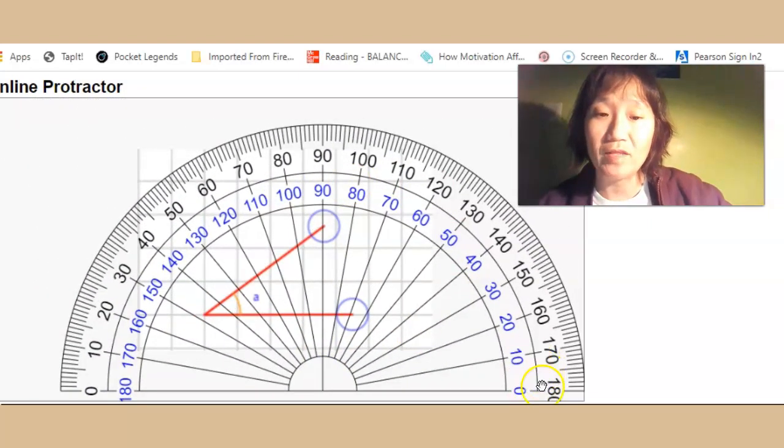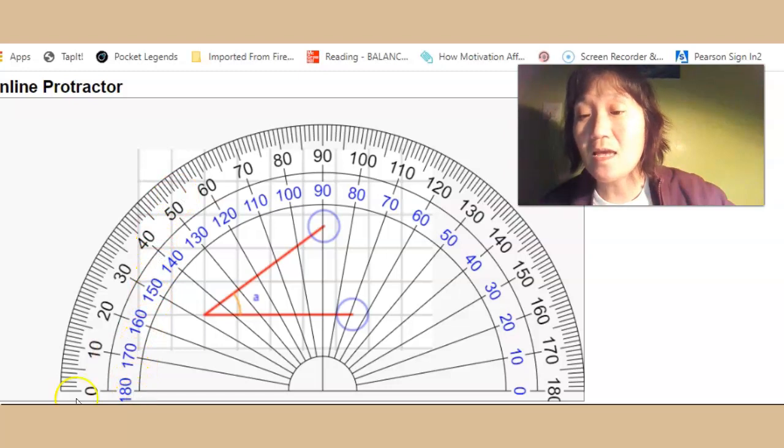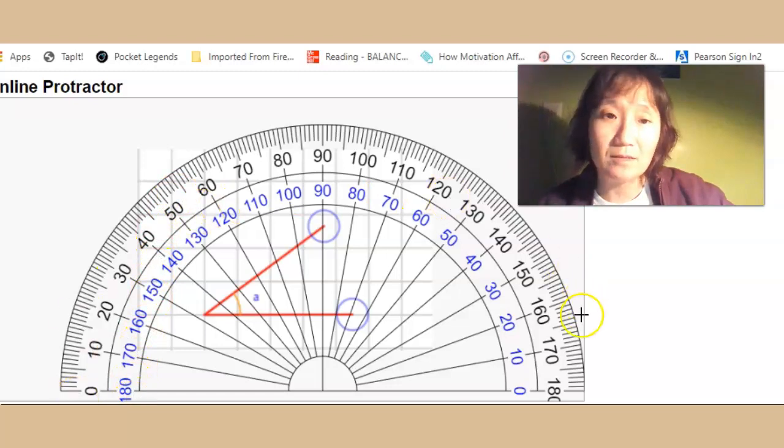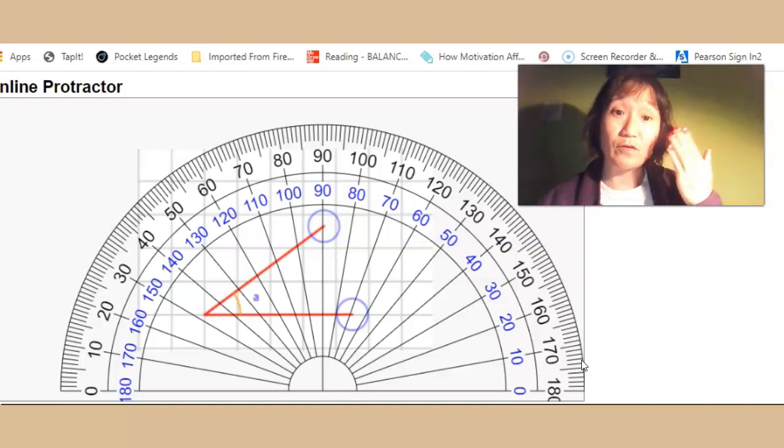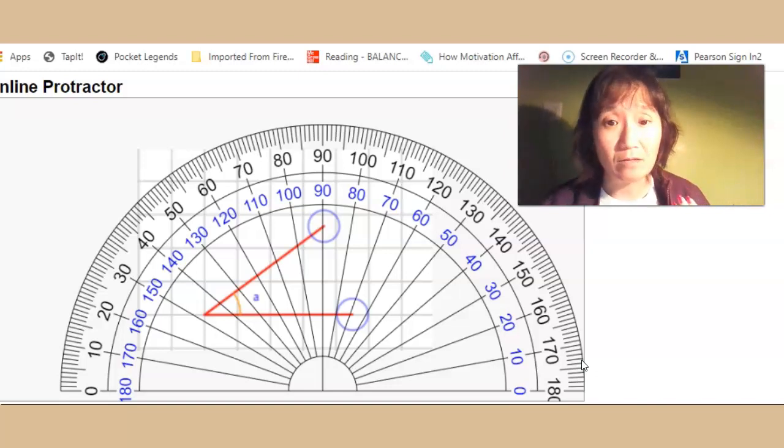Let's just take a look at this protractor here. There's a couple different things you want to notice. You have the blue lines, and you have the black lines. And in other videos, you've already noticed that these have a very specific job, depending on how you are going to measure your angle.